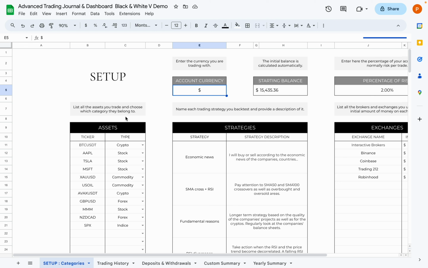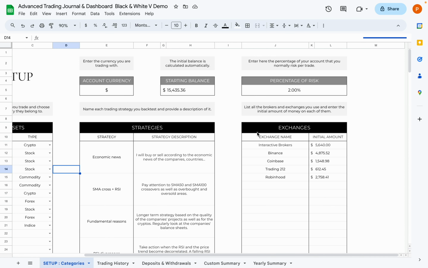Then list all the assets that you're trading, BTC, Apple, pick a type, and your strategies, a name and a description for each strategy. Finally, you need to tell what your exchanges are and what amount of money you have on all of those exchanges.